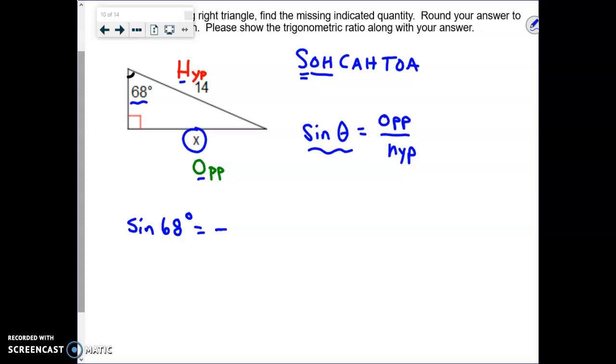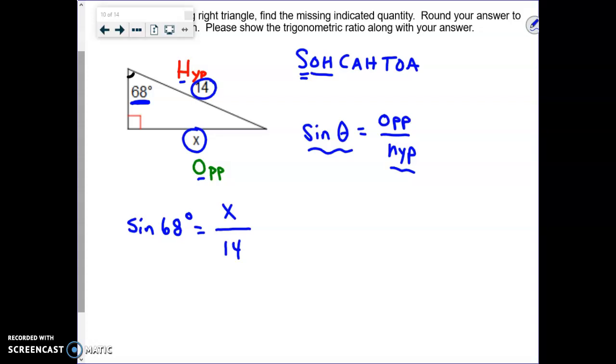That's why it's always good to label that. So that goes in the numerator of your fraction. And then the hypotenuse. I have this labeled as the hypotenuse. Again, that's why you always want to label these sides as adjacent, opposite, or hypotenuse. So that's 14. Now all we need to do is solve that for x.